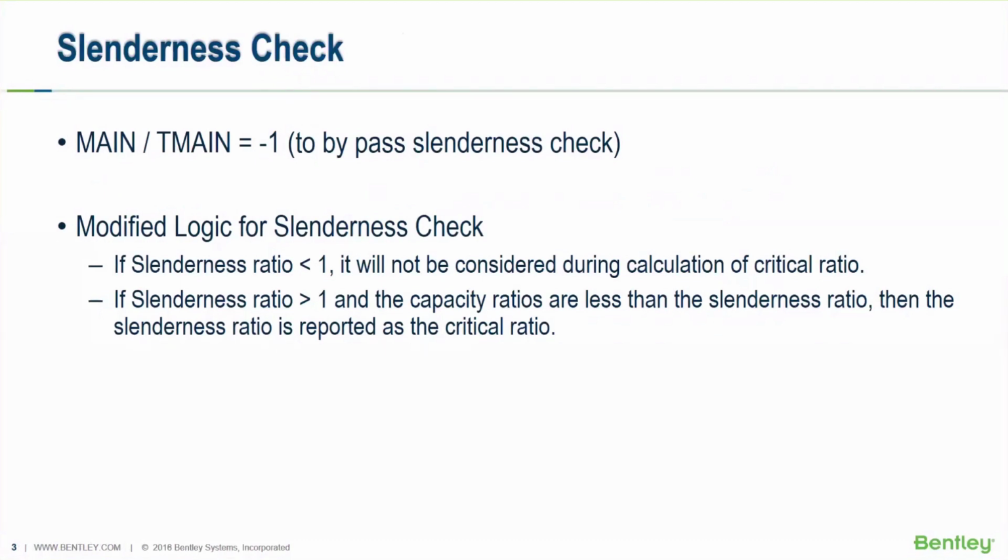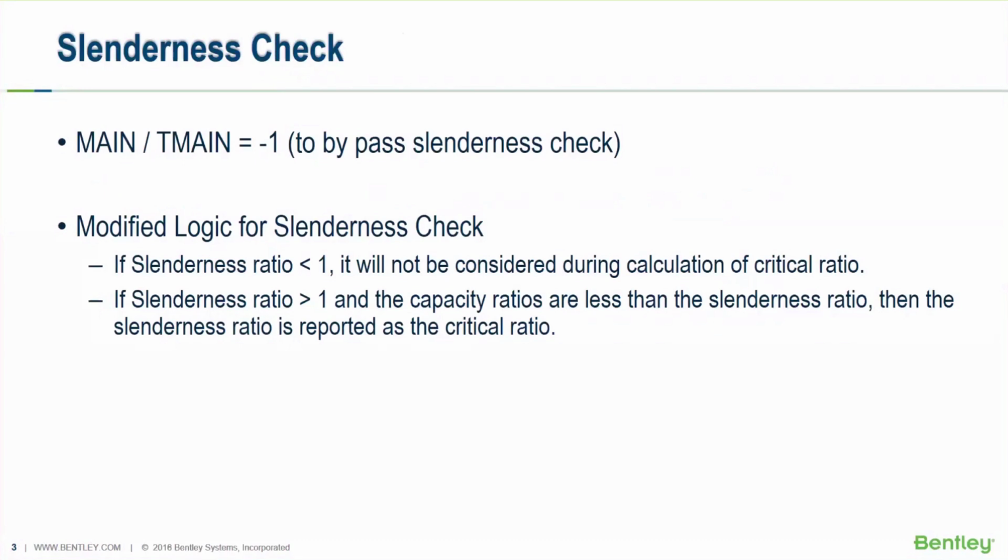Now let me explain one of the other topics, which is the modified logic for the slenderness check. Earlier, till the implementation of, I think, version 50, that is 20.07.11.50, a build again from Select Series 5, the slenderness check ratio actually became a part of the critical ratio.